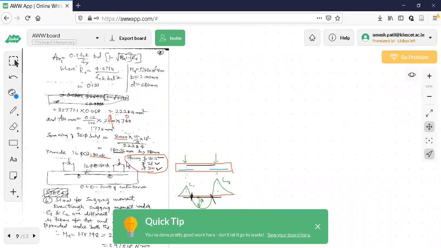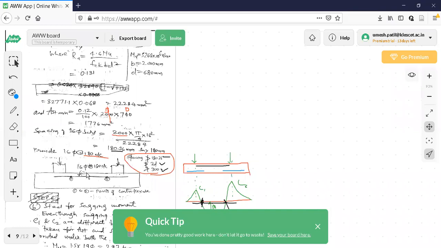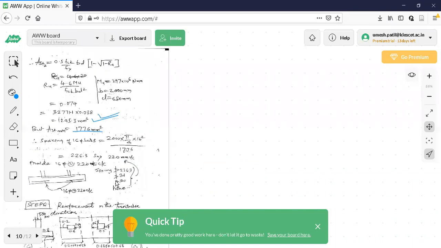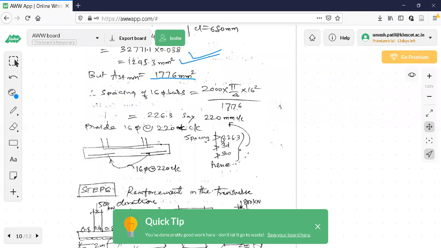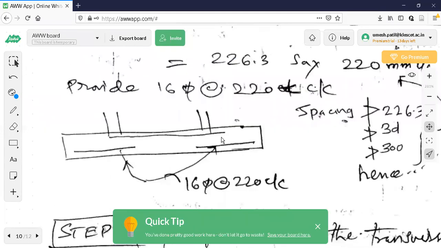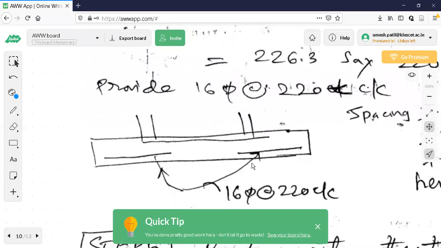16 mm at 180 center to center. See this. Whereas these two bottom bars, whatever you are seeing, they are for sagging, 16 mm at 220.